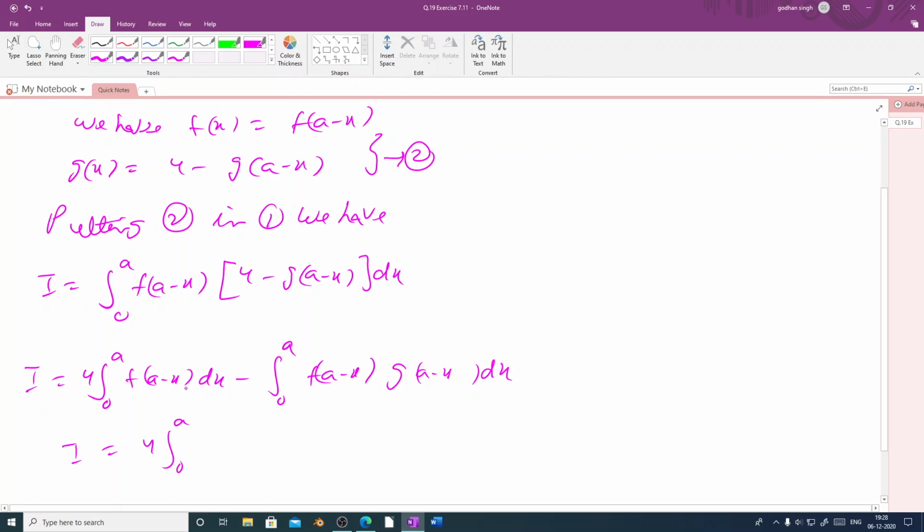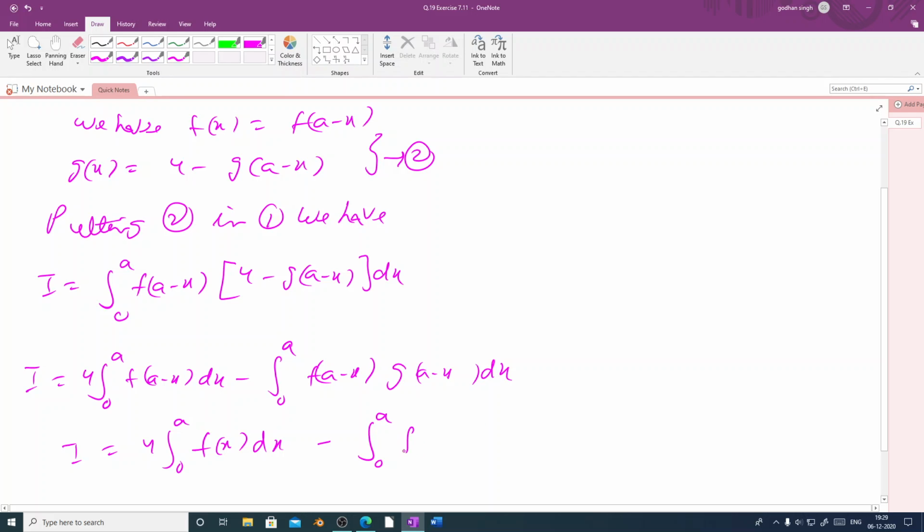We can rewrite this as I equal to 4 integration of 0 to a, and it has been given to us that f(a minus x) is f(x), so we write here f(x) dx, minus 0 to a. Now we can use property P4, in that we know that if we replace x with a minus x, it will not make any difference.